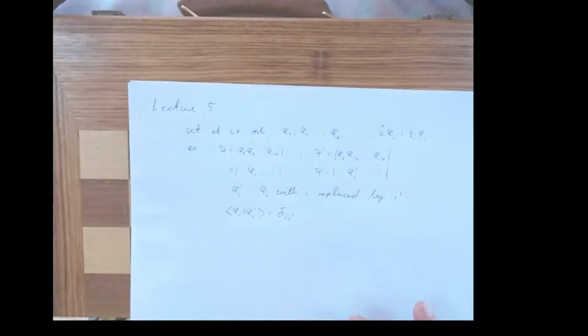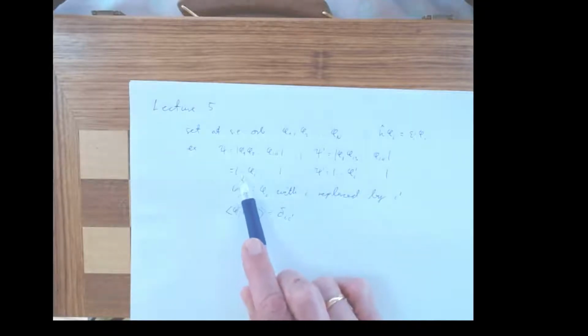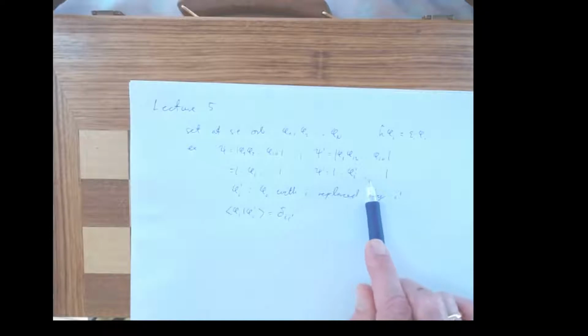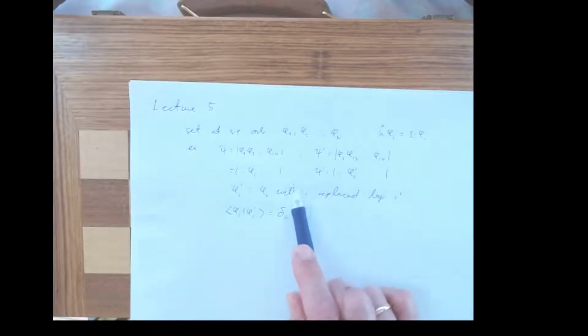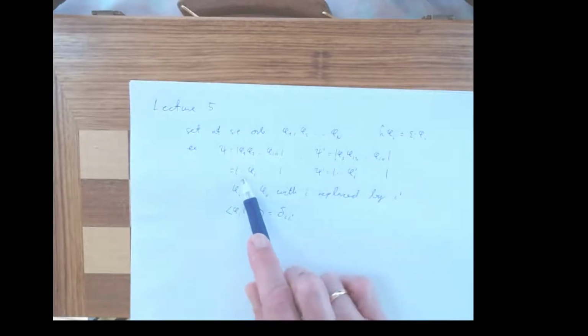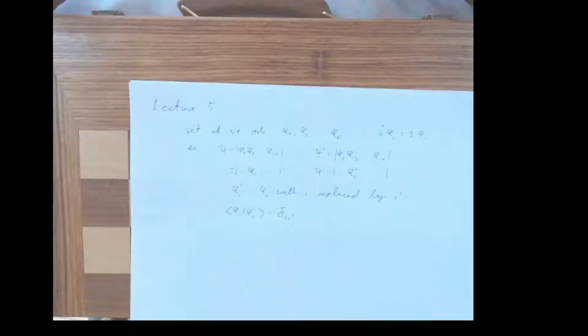And we also note that if two identical orbitals enter in both of these Slater determinants, they will be placed at the same position. So it's not like I could have a phi 1 here, and then at some other position over here I would also have phi 1. The point is that if they appear in both of these Slater determinants, they will also be put at the same position. So that is the assumption.